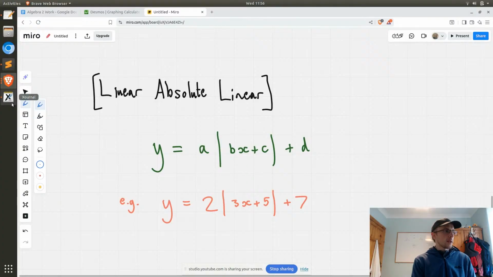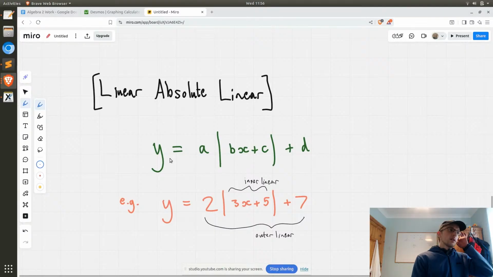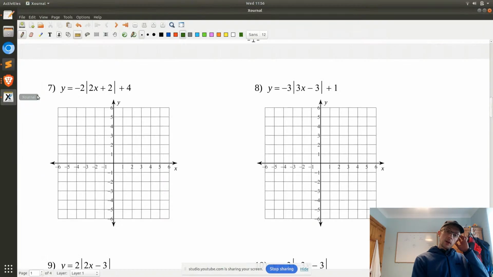Linear, absolute linear. And I call this bit the inner linear, the 3 and the 5 stuff. And I call this bit the outer linear. So what I'm going to do is try to avoid using just the procedures and the formulas that I know, and I'm going to try and work this out.